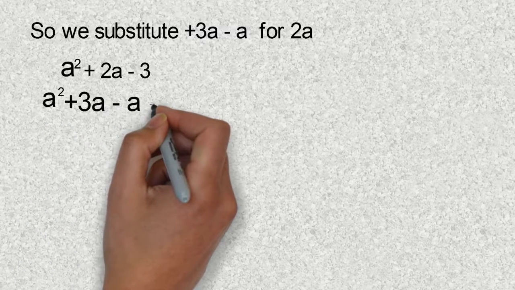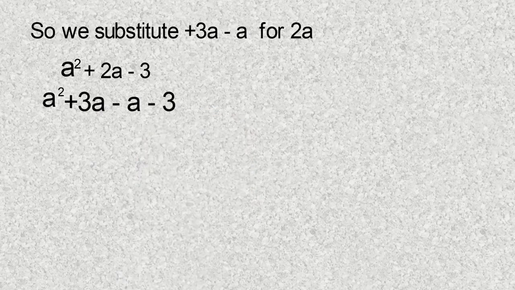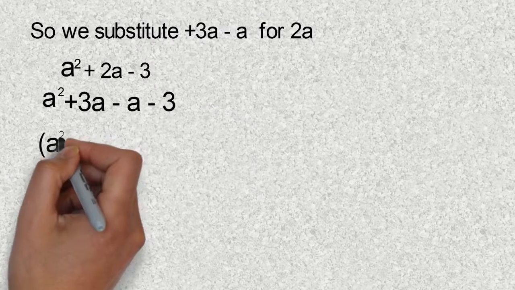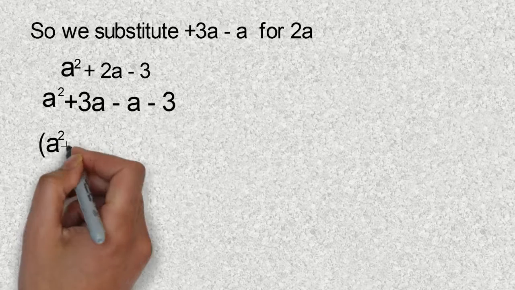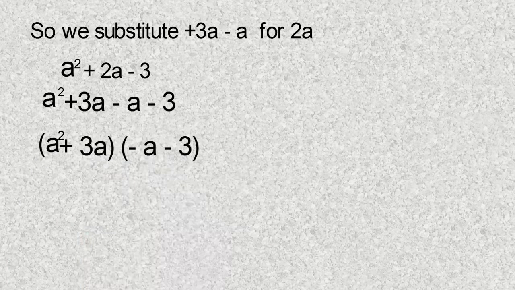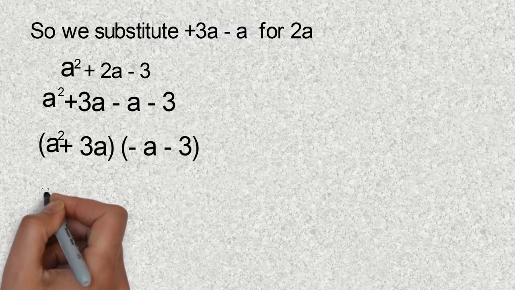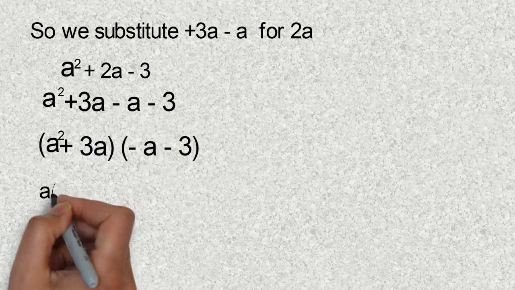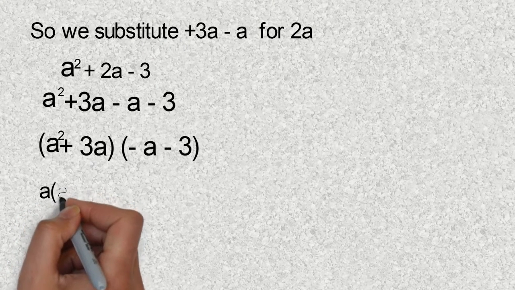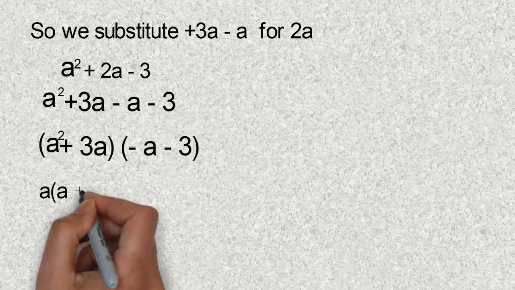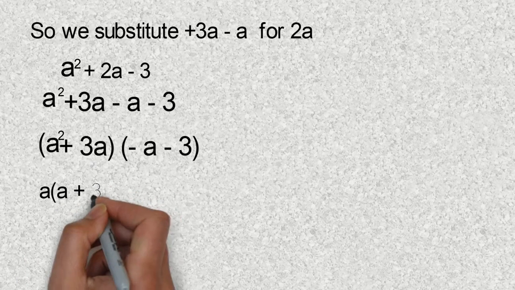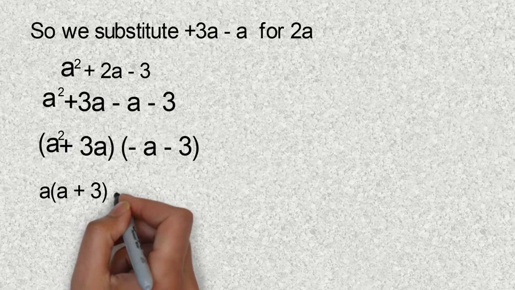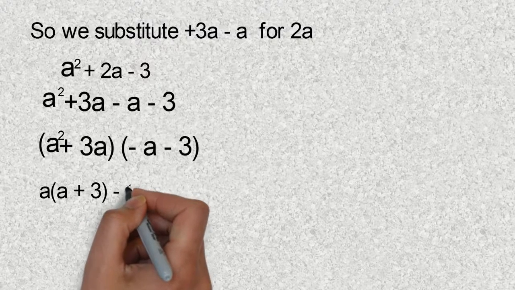So what do we do here? We factorize it. We put a squared plus 3a in bracket, and we put minus a minus 3 in bracket. So factorizing the first bracket, what is common? a is common. So if I bring a out, I have a into bracket, I'll be left with a plus 3. In the second bracket, what is common in both?